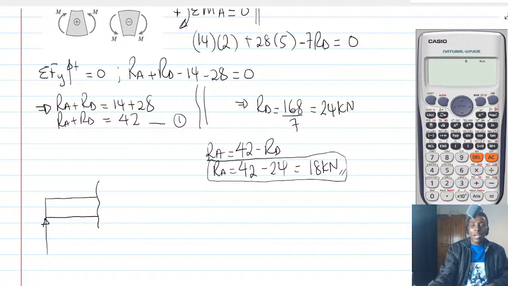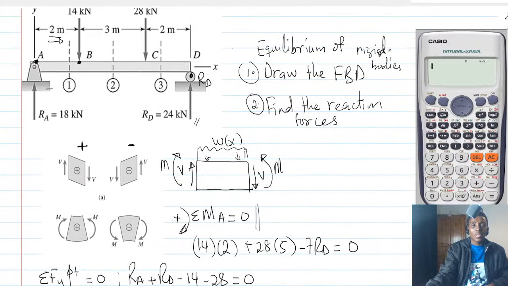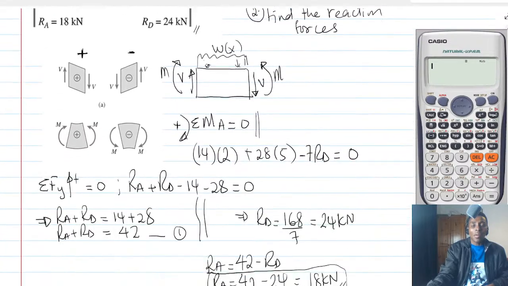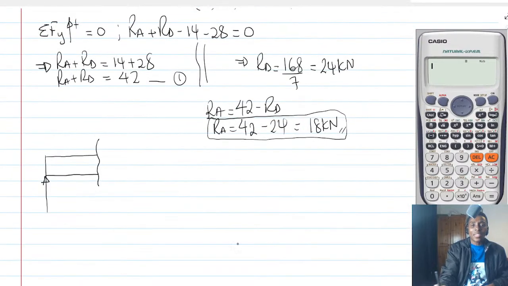And then the reaction at A is 18 kilonewton. But this distance from here to here, we don't know because we just took a section.